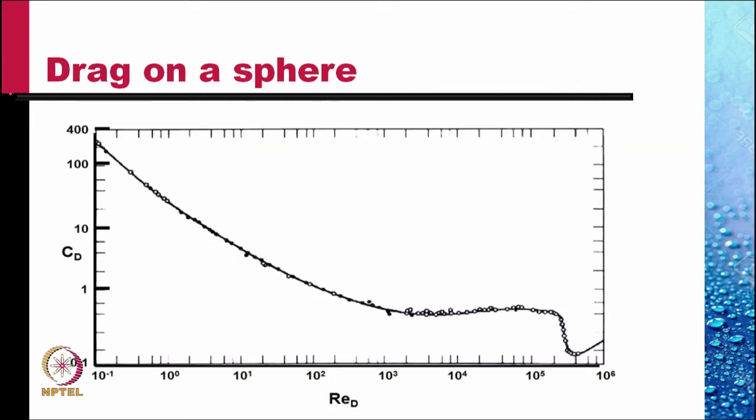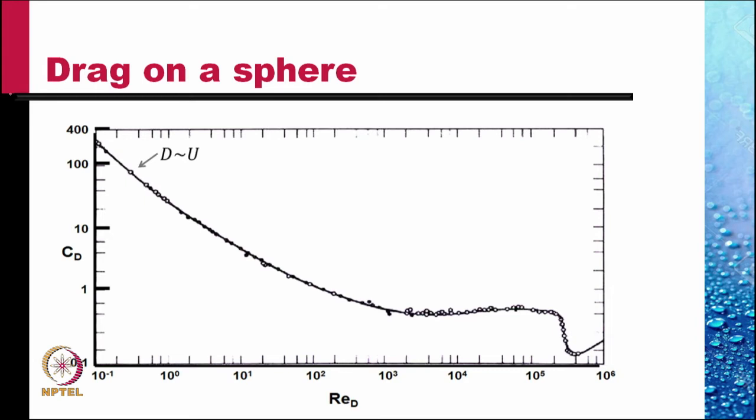If we plot the drag coefficient versus Reynolds number, we see that the drag coefficient decreases with Reynolds number, but at very high Reynolds number, the drag coefficient is almost constant, of the order 1. In fact, its value is about 0.5.